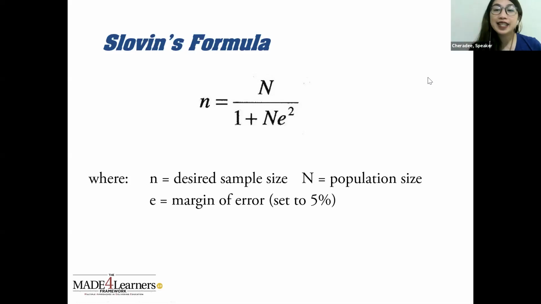In statistics, sir, the good allowable error is 5%. That's the very traditional one. It's not too strict and not too loose. The loose one is 10%, and the very strict one is 1%.